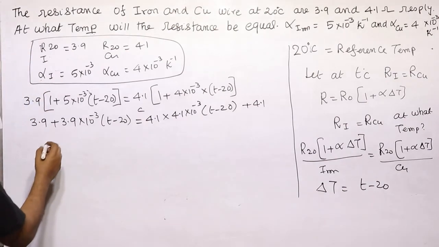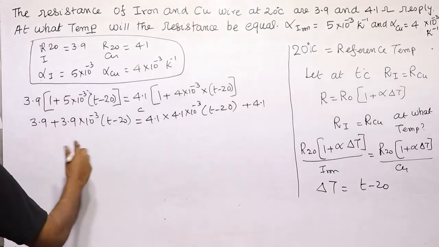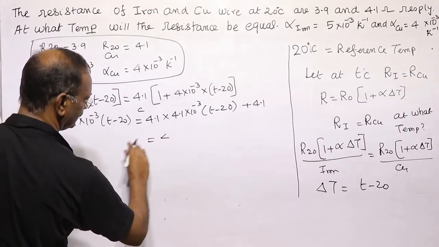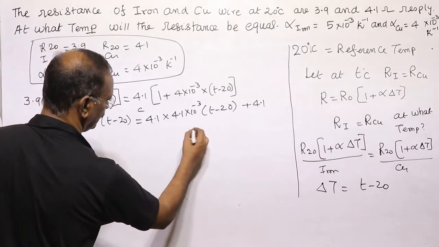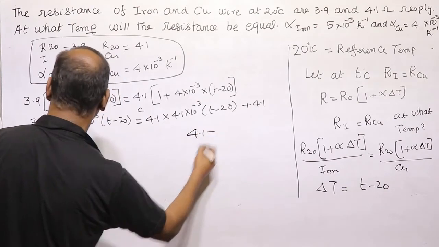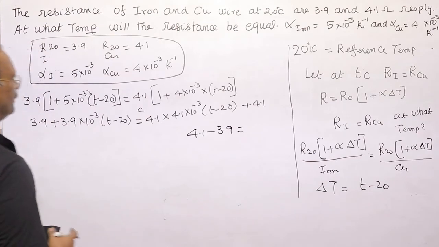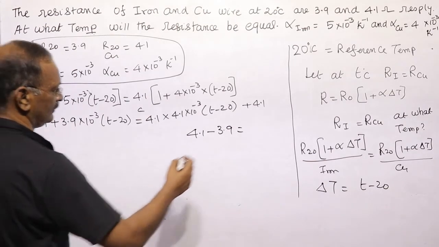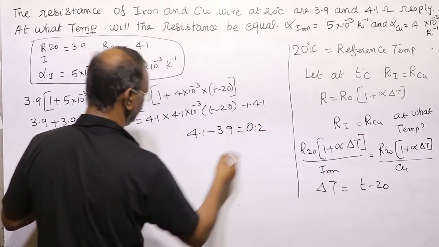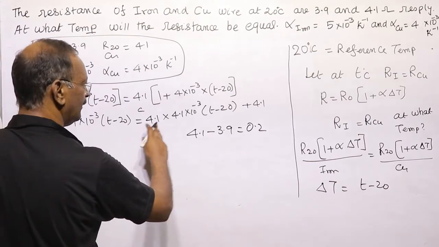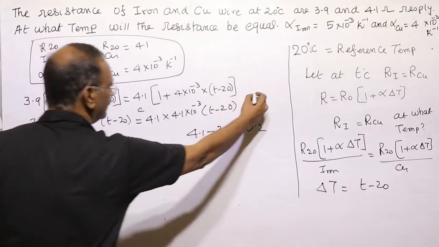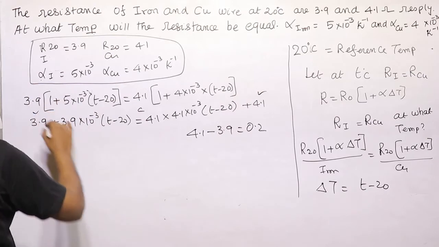So this will become, we can write it as 4.1 minus 3.9, which is equal to 0.2, because we keep this here and brought this to the other side.